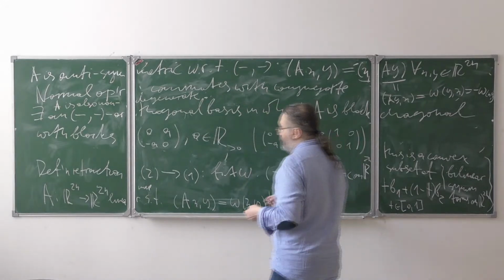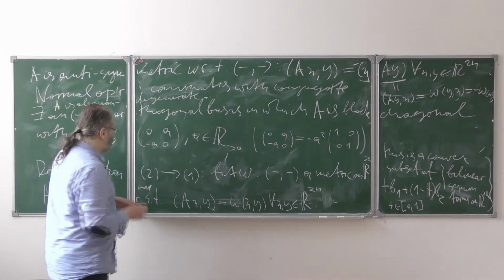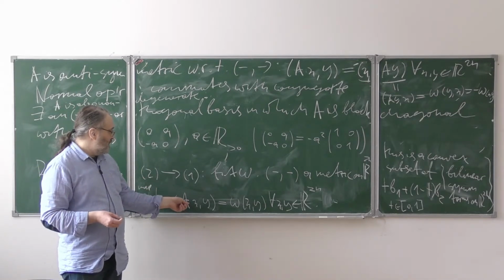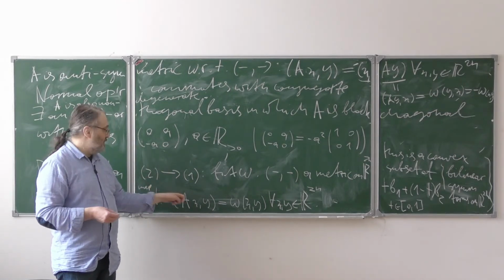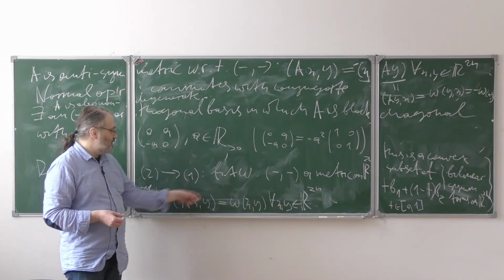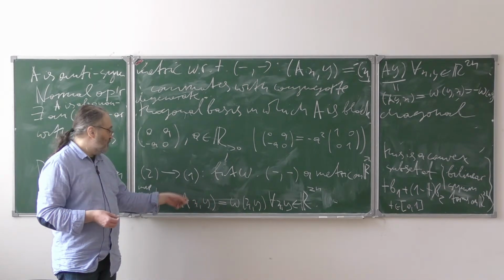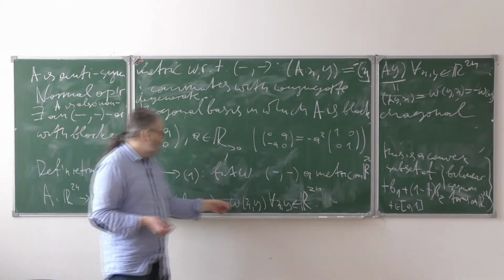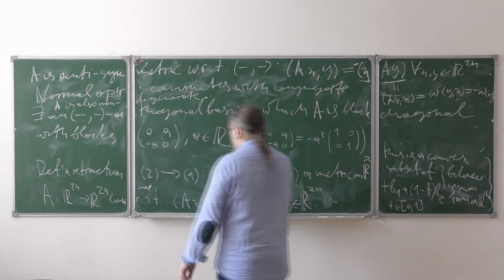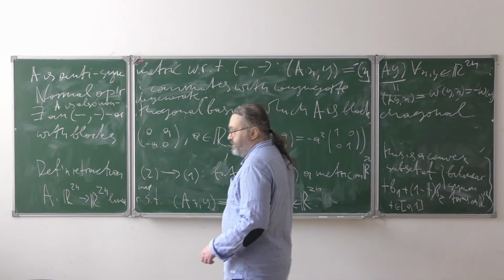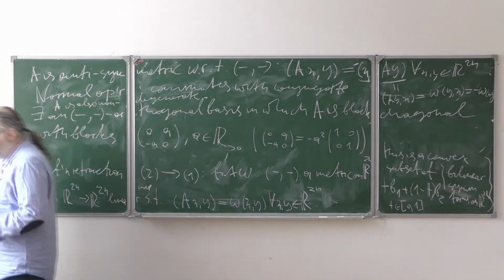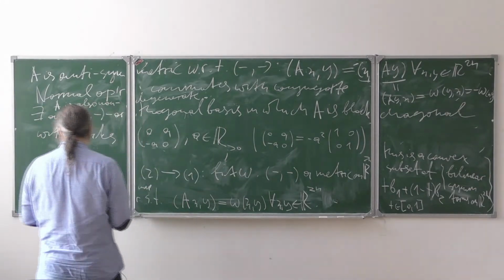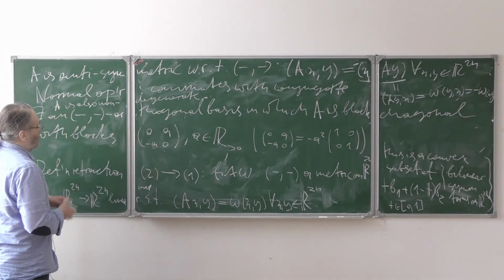And another observation is we can also deform the metric, the one we use to define A, so that the identity remains true during the deformation. Let me write this down.